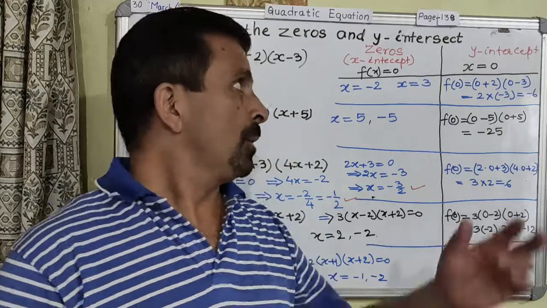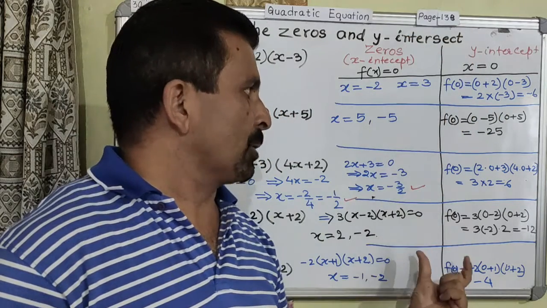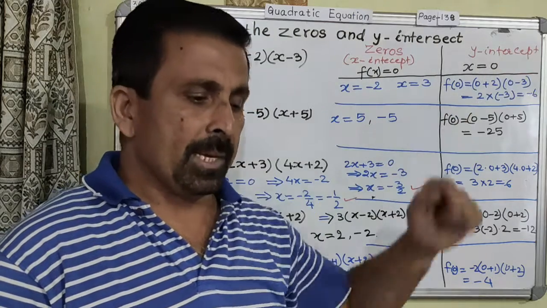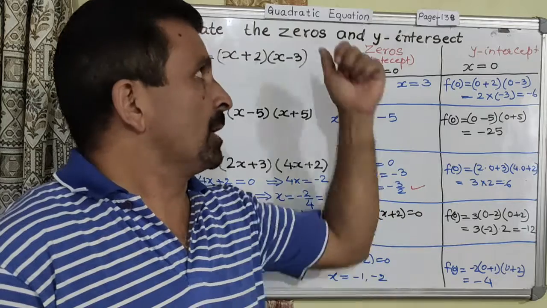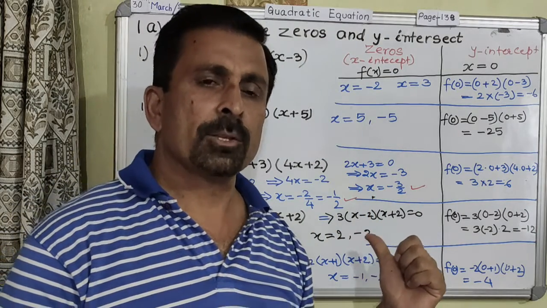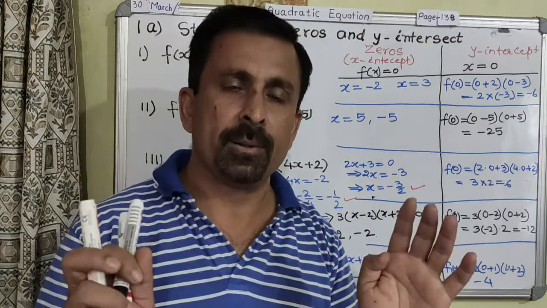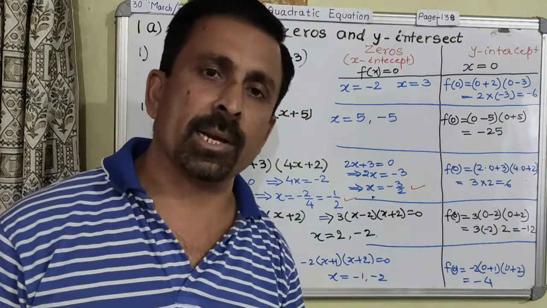In part A we practiced calculating the zeros and the y-intercept, and now by calculating the vertex, we will be completely equipped with all three pieces of information and ready to plot the graph.